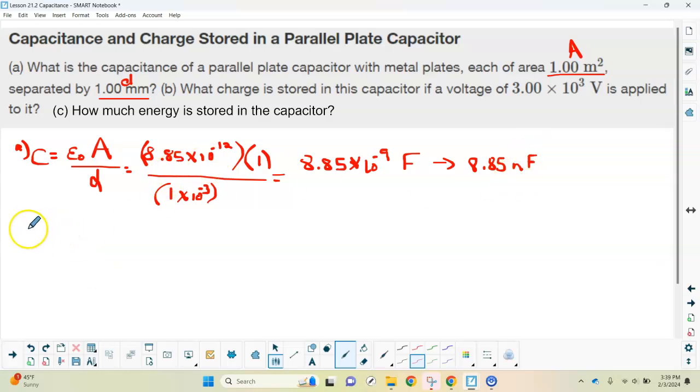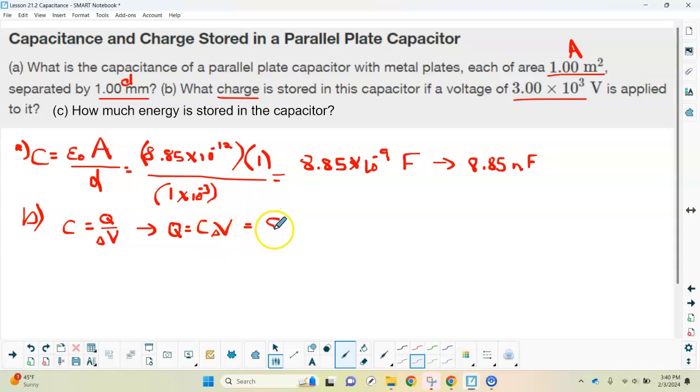So that's part A. Part B wants to know how much charge is stored if it's hooked up across a 3 times 10 to the third, 3,000 volt battery. This is where we're going to use C equals Q over V, or delta V if you want to do it that way, and we're going to solve for Q. If we rearrange this, Q is equal to the capacitance times the voltage, or potential difference.